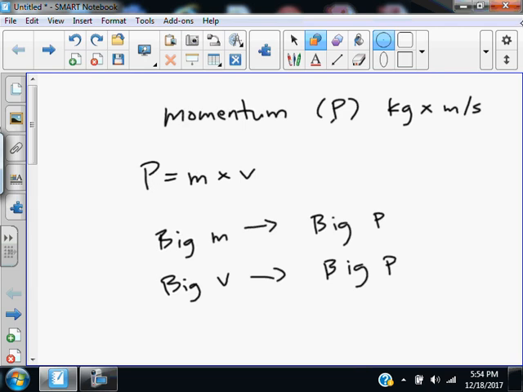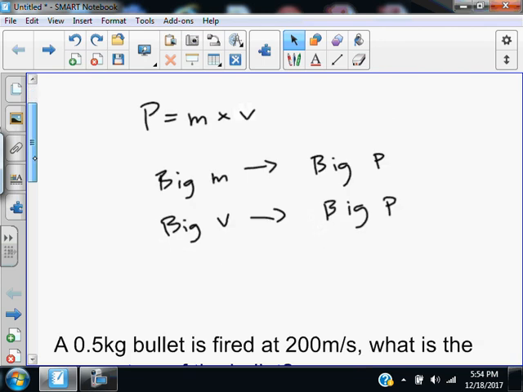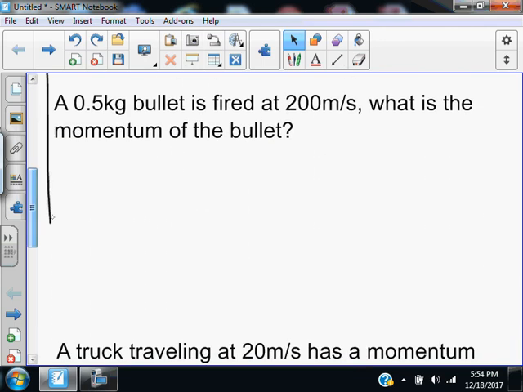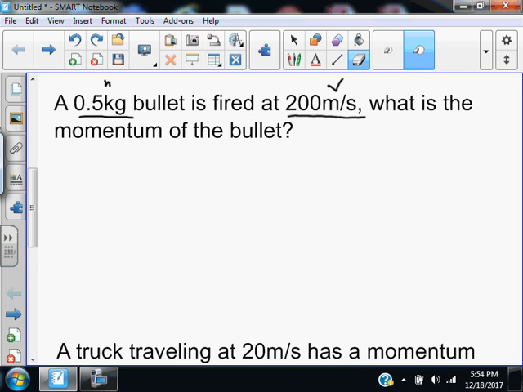Let's take a look at a word problem and see how that looks. So this one says a 0.5 kilogram bullet is fired at 200 meters per second. So the 200 meters per second here is a velocity, and we know that the 0.5 kilograms here is the mass, and we're trying to find momentum.